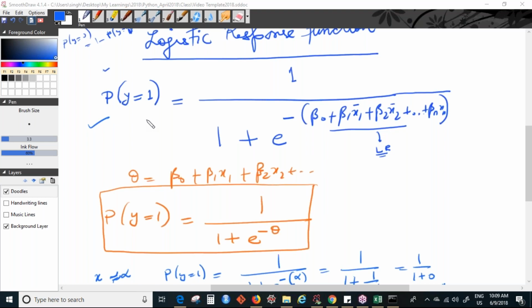You will never get something beyond that. So even if you take minus infinity or plus infinity, what you get is always between 0 and 1. This proves that applying the logistic response function on a linear regression line gives you a probability. It will not give you something outside of 0 or 1.